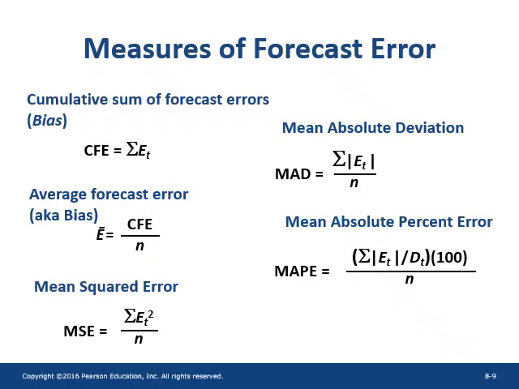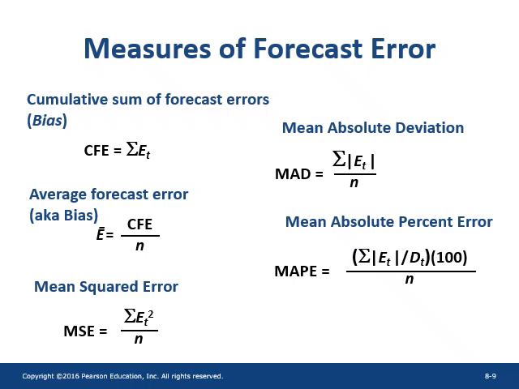Obviously, a squared error term is always going to be positive. So when we calculate the mean squared error, we lose some information about the sign of the error. But when we take the square root of it, it looks very much like a standard deviation, so a lot of times we call it the standard error term.